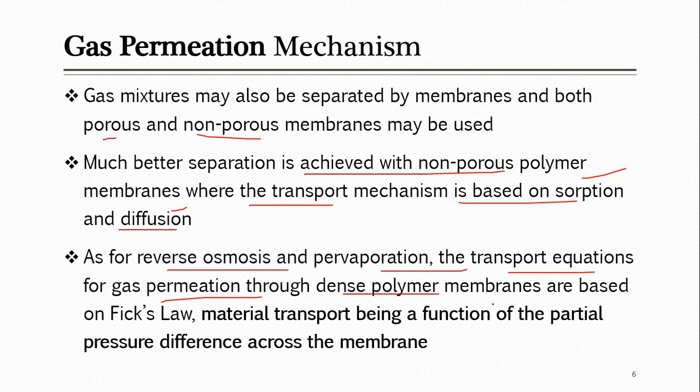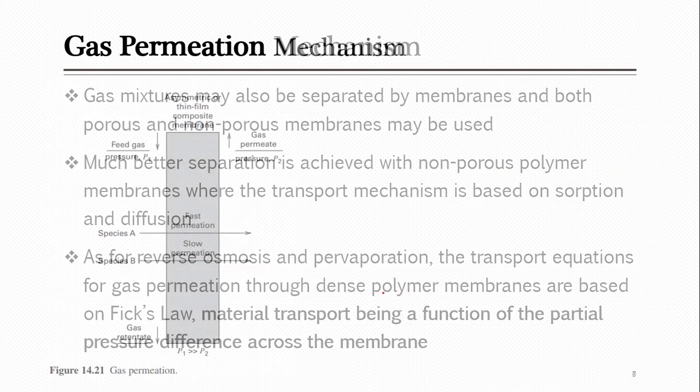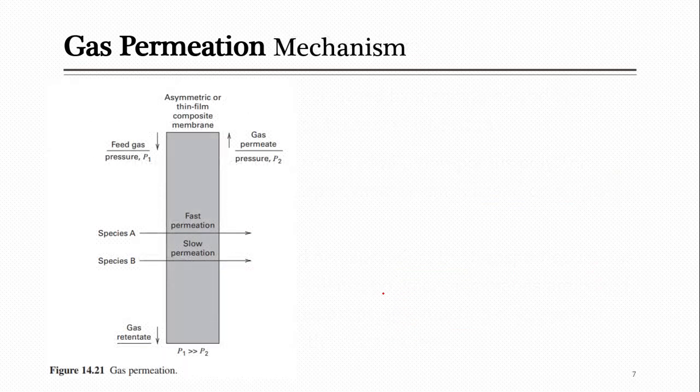In Fick's law we consider the driving force, and the driving force is the partial pressure difference of the gases across the membrane. That's the driving force which helps us separate the gases. Similarly, when we discussed reverse osmosis, we said pressure difference across the membrane. So again here, pressure difference across the membrane is the driving force.